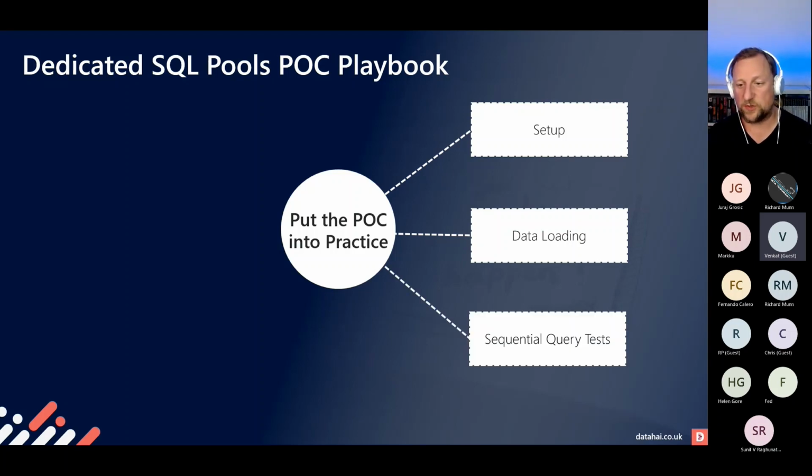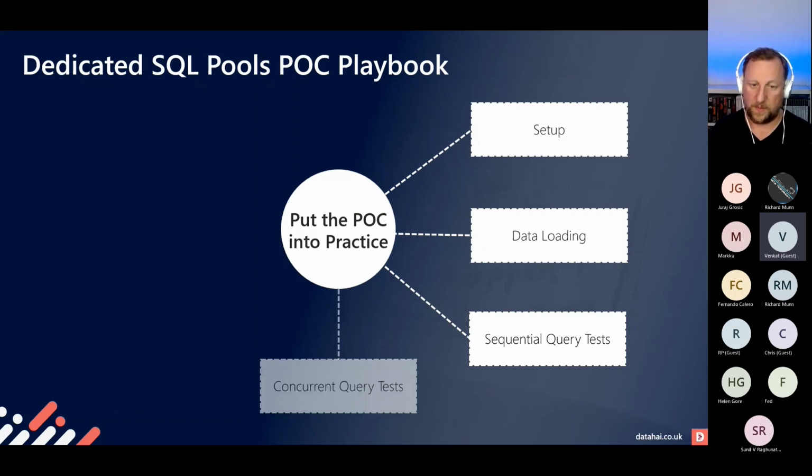So we've got some sequential query tests. Now, these query tests are pretty simple. We've got a whole bunch of SQL queries that we want to test. We run those SQL queries in a SQL client of our choice. But we've got some tests that we might want to do concurrently, because one of the aspects of dedicated SQL pools is the concept of concurrency, how many queries can run at the same time.